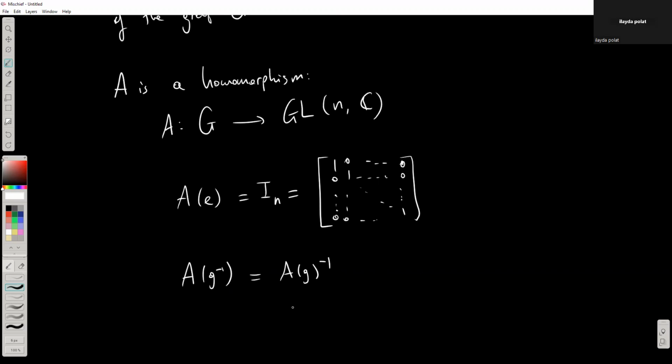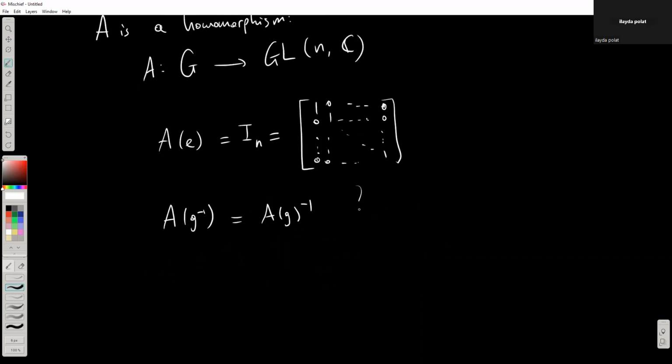If an abstract group element is represented by a matrix M, then the inverse of that group element is represented by the inverse of that matrix, so that the product of these two matrices also gives us the identity. These are the two basic properties.